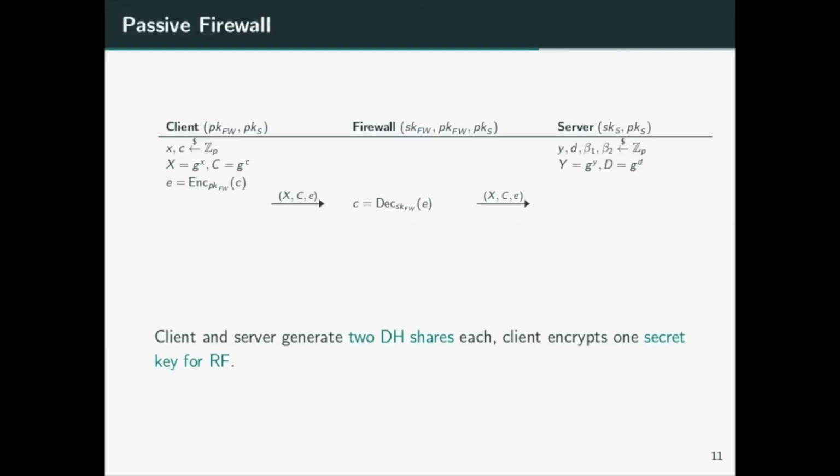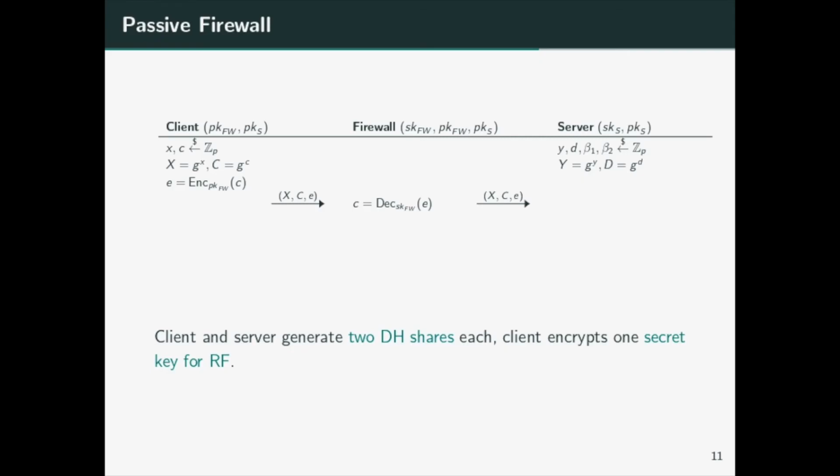So now that we know the theoretical part of the security, let's look at what our construction actually looks like. So let's first look at the case where the reverse firewall is actually passive, and the idea is that the client and the server will both generate two Diffie-Hellman shares, which are meant to become, in the end, KCS and KCFS.